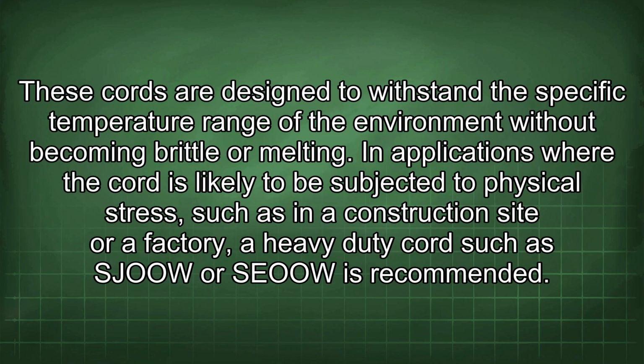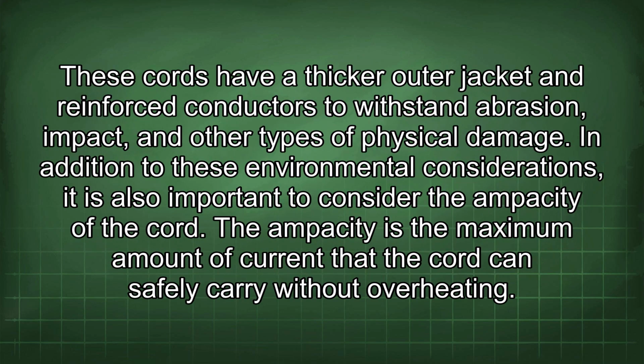These cords are designed to withstand the specific temperature range of the environment without becoming brittle or melting. In applications where the cord is likely to be subjected to physical stress, such as in a construction site or a factory, a heavy-duty cord such as SO or CU is recommended. These cords have a thicker outer jacket and reinforced conductors to withstand abrasion, impact, and other types of physical damage.